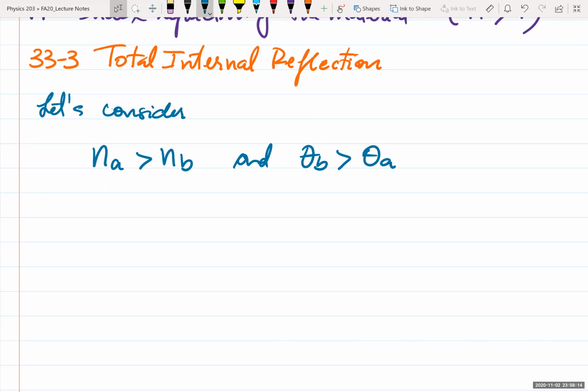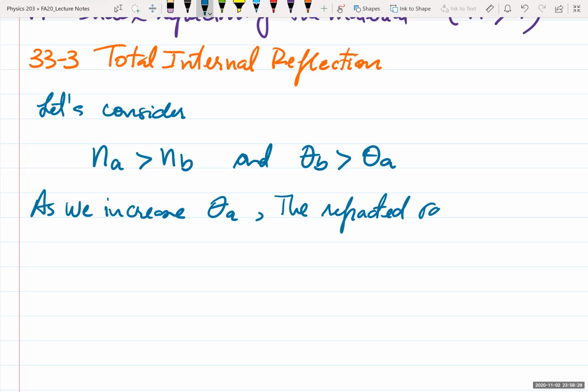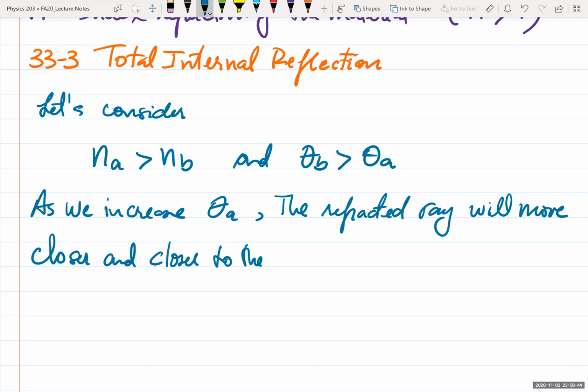So as we increase theta sub A, the refracted ray will move closer and closer to the horizontal.